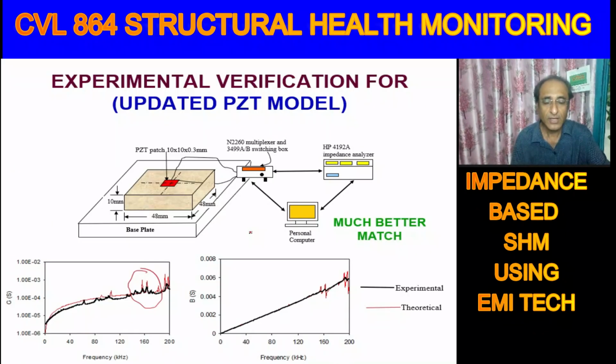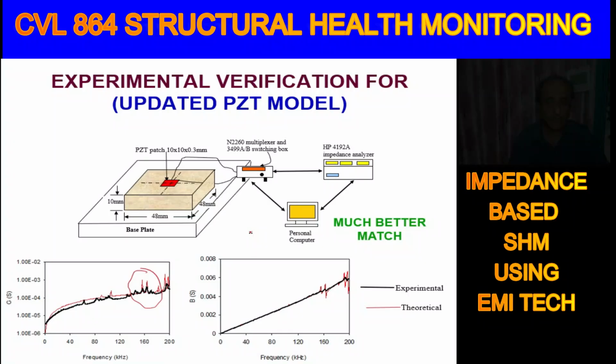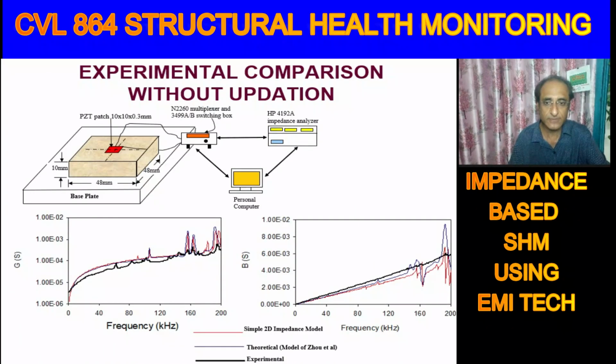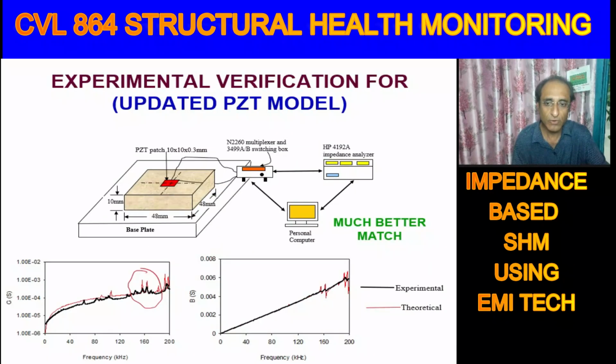Earlier the signature was like this, the matching was not proper, but now the matching is much better. Here you can see the signatures are better matching because we have accurately used the parameters of the piezo patch, and we have done updating of the free piezo patch.